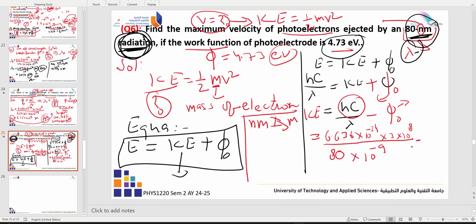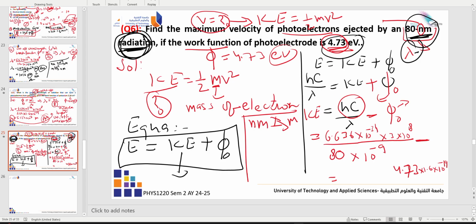It is 4.73, not 3, so this will be 4.73, and I need to multiply by 1.6 times 10 to the power minus 19.